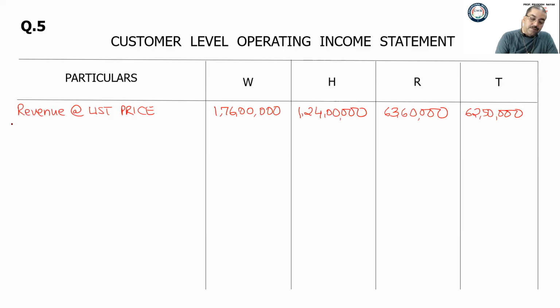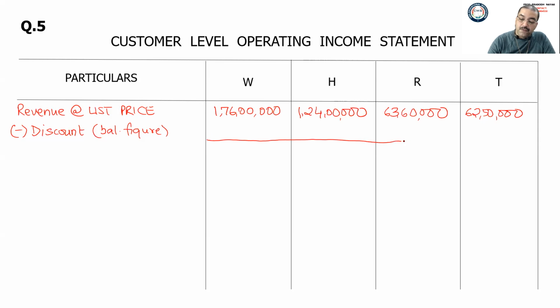Minus discount. Now I do not know what the rate of discount is, so I'll take it as a balancing figure. It is the difference between the actual price and the list price.